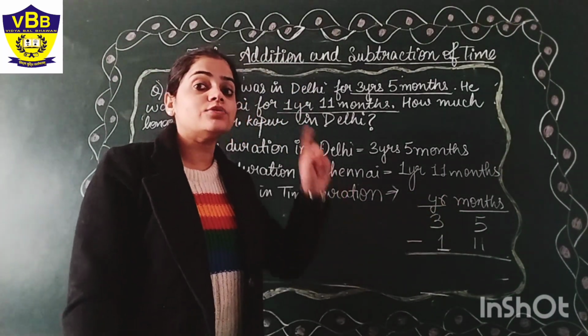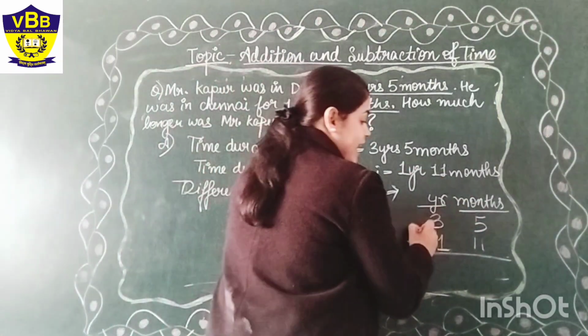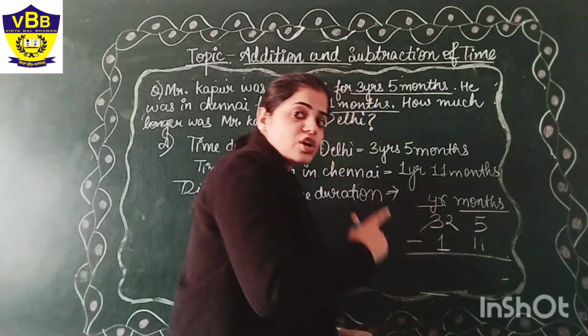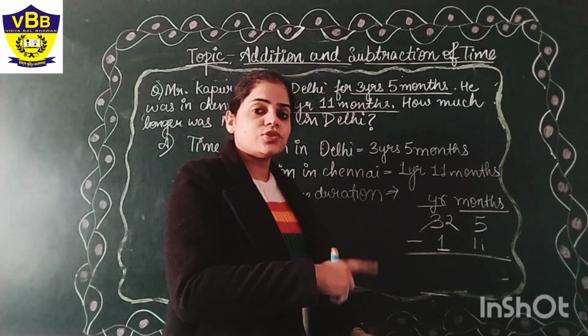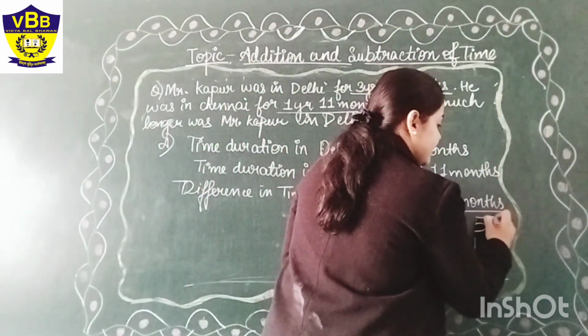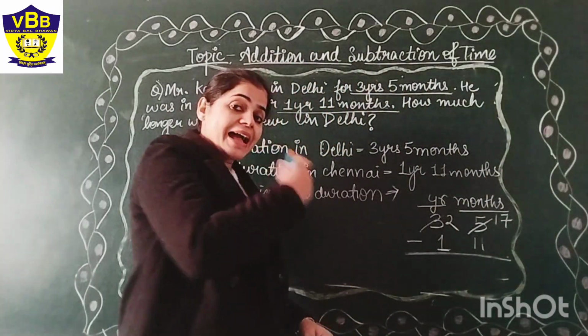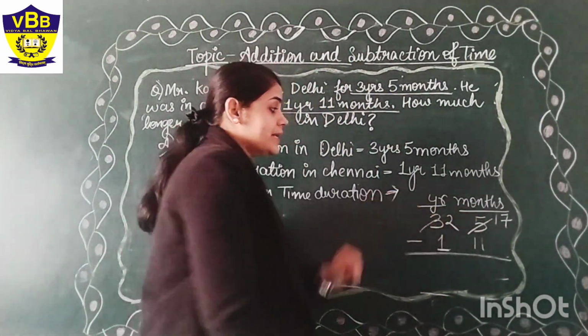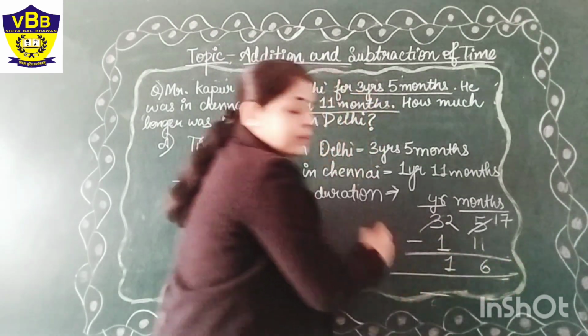No, 1 year includes 12 months. This should be in equal units. So that carry forward will actually be 12 months, not 1 year, because 1 year equals 12 months. So it will be 12 plus 5, that is 17. So actually we have to do 17 minus 11. It will be 6. 2 minus 1, it will be 1.